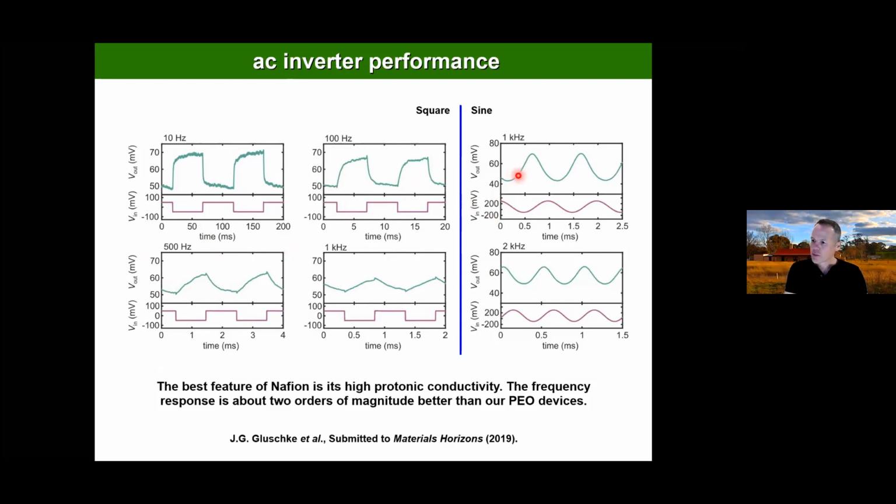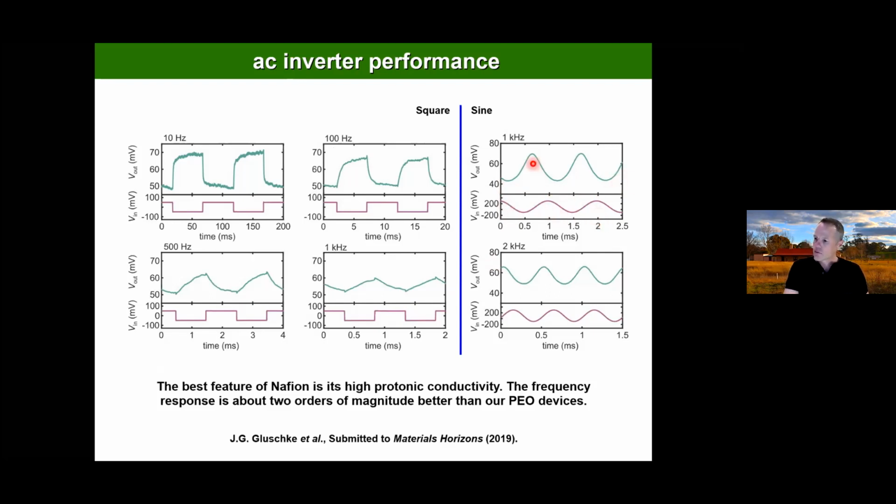But the thing you have to realize with square waves is square waves are essentially a Fourier sum of sine waves of much higher frequencies. So when we put in a square wave at 1 kilohertz, we're actually putting in a whole part of spectral content that's up well above 1 kilohertz. So if we put in a drive signal, it's just a sine wave here, just to look at sort of basic response to this.